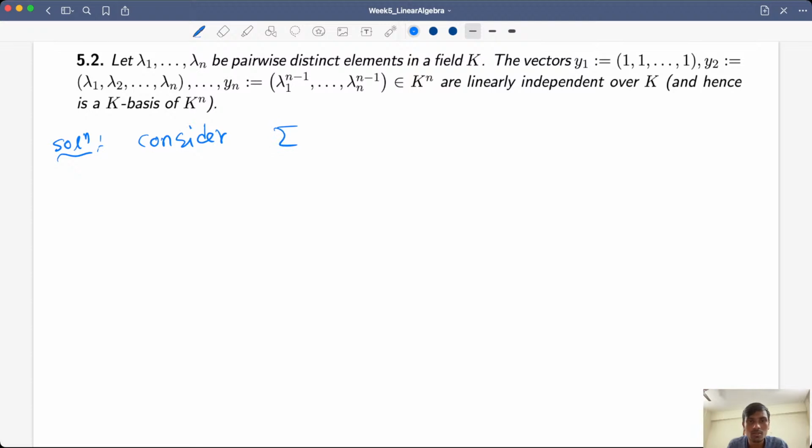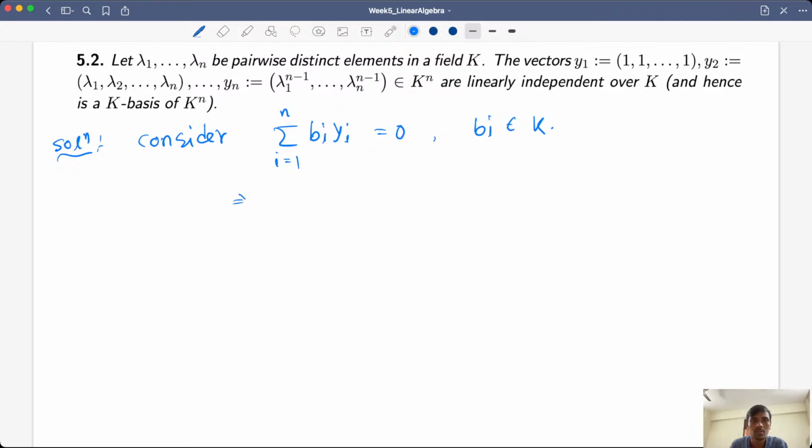the sum of b i y i, equal to 0 for i equal to 1 to n, where b i belongs to k. I need to show that b 1 to b n are all 0. Now this is 0.